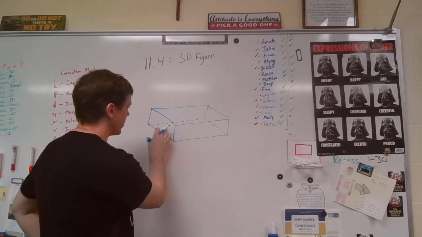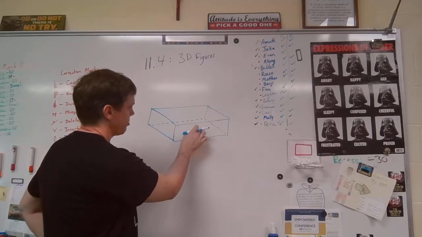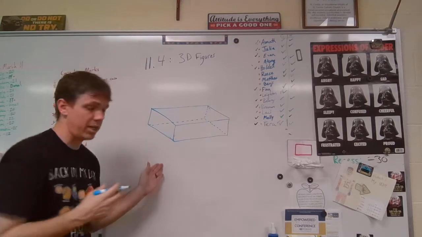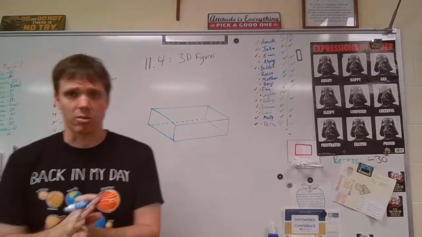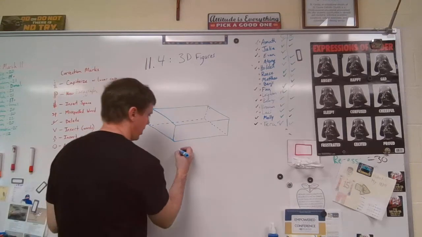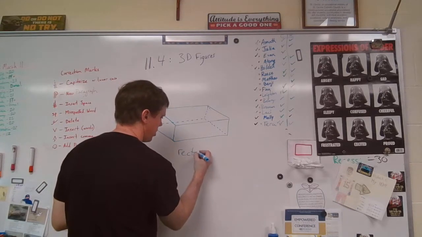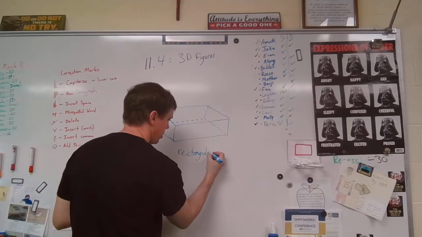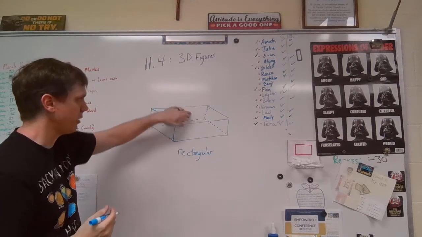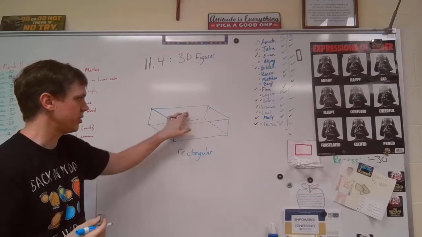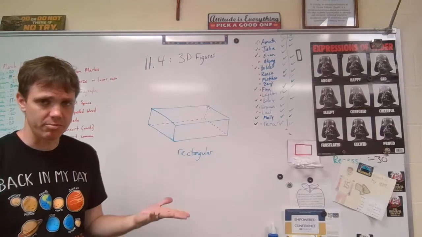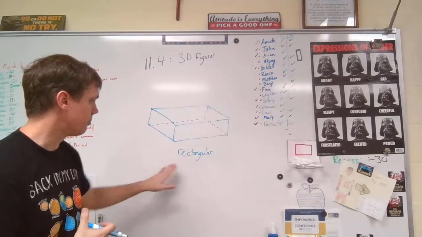So here, this could be our base, but we could just as easily have said this was the base, or the bottom is the base, or the top is the base. Doesn't really matter. But in this case, because all of the bases are rectangles, this is a rectangular prism. And because we don't come up to a point, regardless of which base you use, the opposite side is a congruent polygon to it.